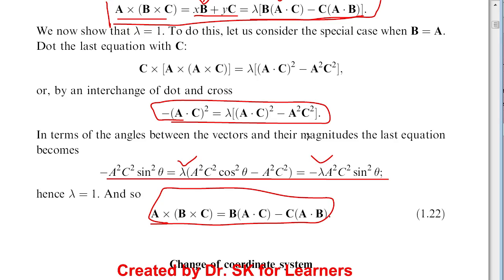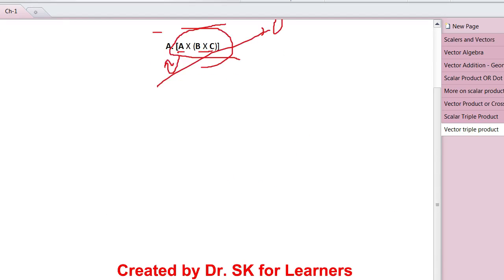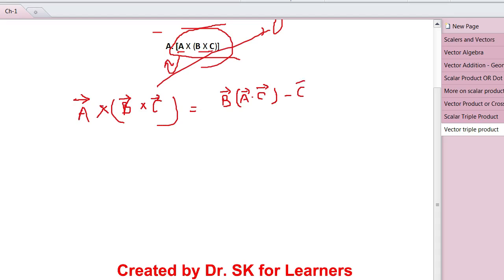and hence the cross product can be written as, this is a simple cross product rule, A cross B cross C equal to B A dot C minus C A dot B. So this is called the back cab rule.